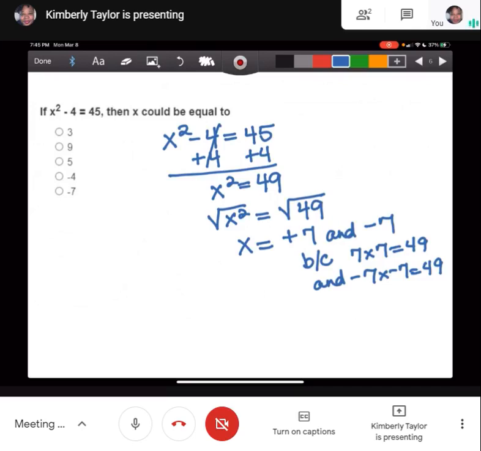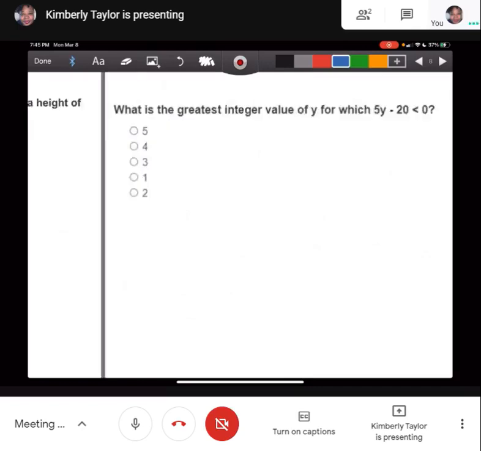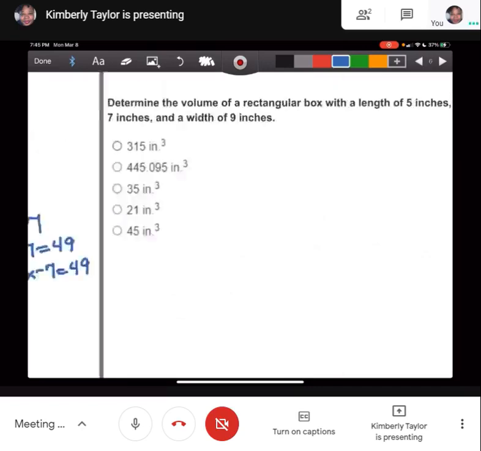So both of these answers are good answers for the value of x. Now, if you're looking at your answer choices, they only have the -7 as one of your answer choices. So that's the one we're going to select. Okay? Whoa, did too much.